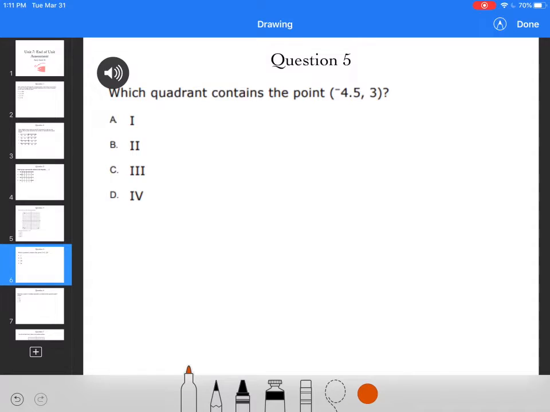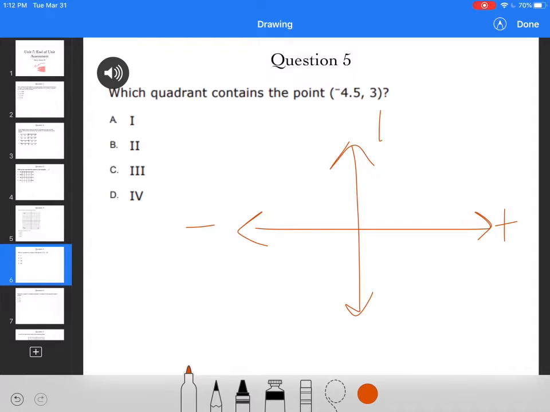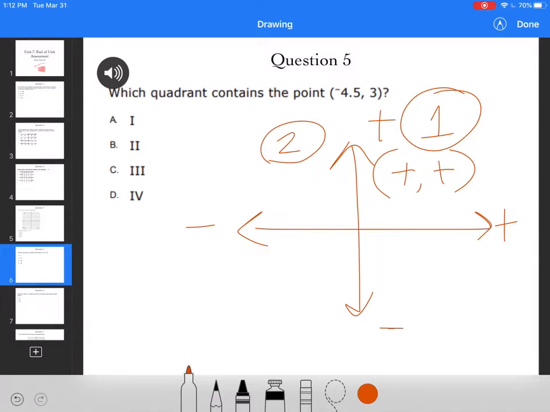Which quadrant contains the points negative 4.5 and 3? So when I draw out my coordinate plane, I know this direction is positive, this direction is negative. I know if I go up, I'm going positive. If I go down, I'm negative. So that also tells me what my coordinate pairs are going to look like. So quadrant 1 is positive, positive. Quadrant 2 is going to be x comes first, so it's negative, positive.